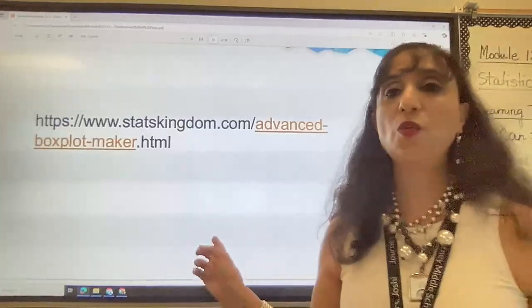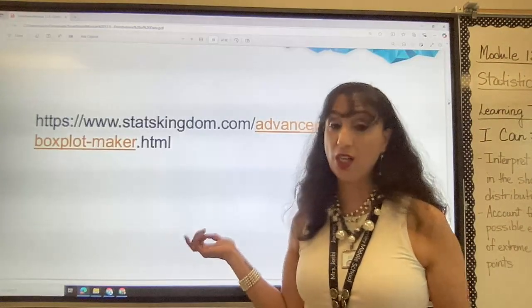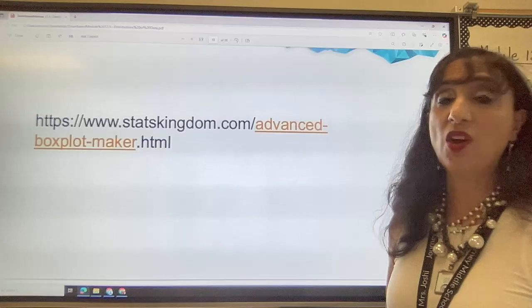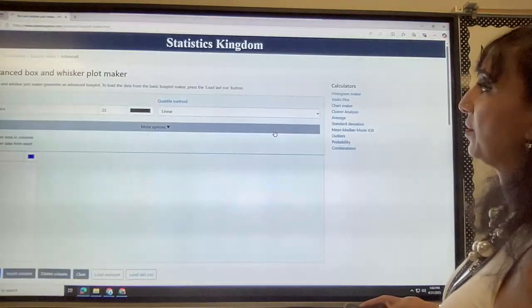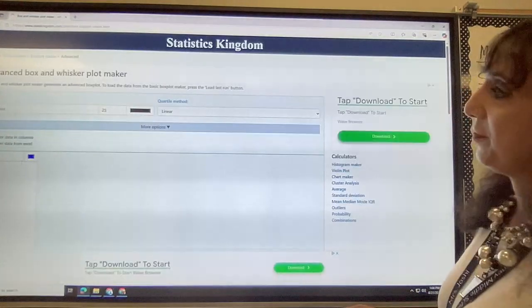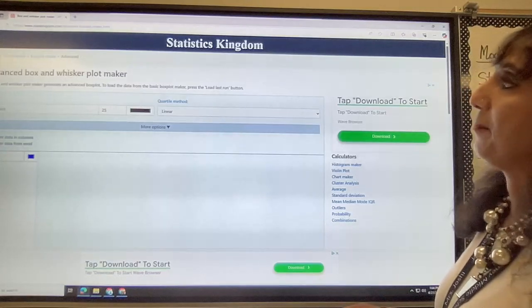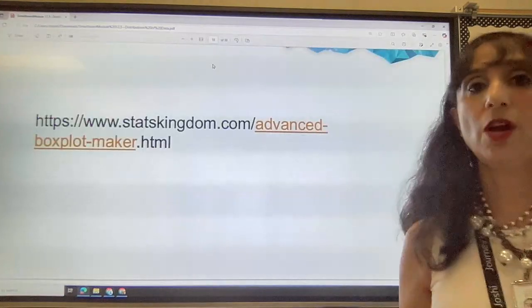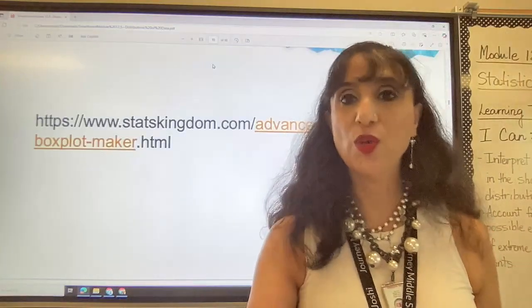So this is the website that I found for a box plot maker. And when I click on this, all I have to do is enter the values over here, and literally it creates it for me. Okay, so let's go on and look at a box and whisker plot that I created using those values.